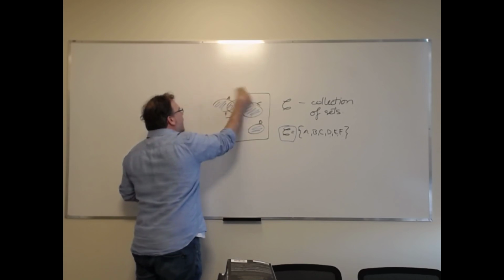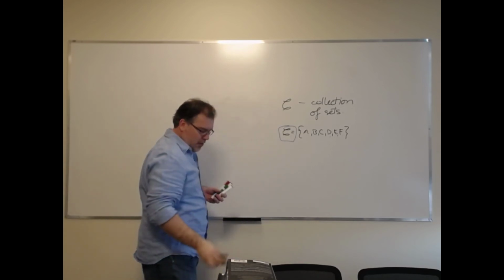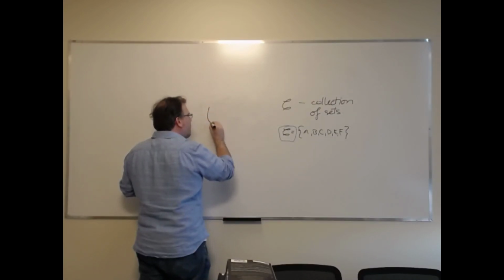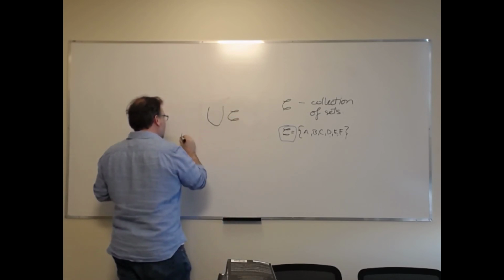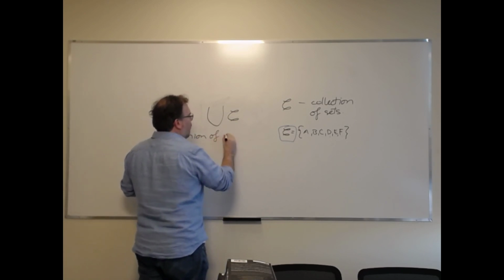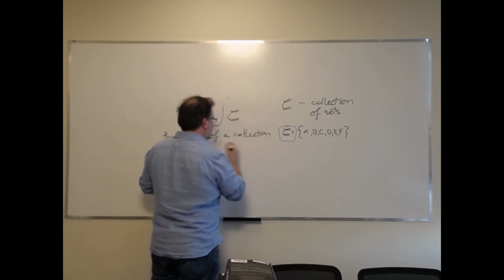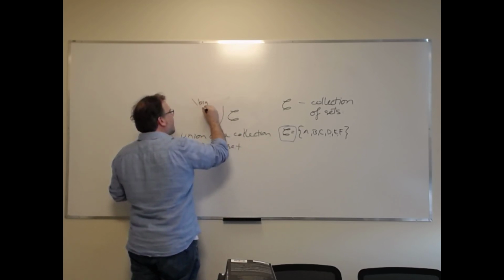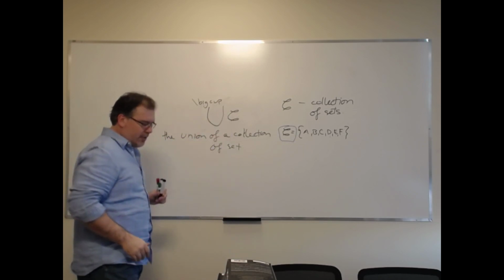So we're going to have this new notation where we're going to be writing, with a big cup this time, the union of a collection of sets. Again, for those of you who use LaTeX, that's big cup, or union of a collection.